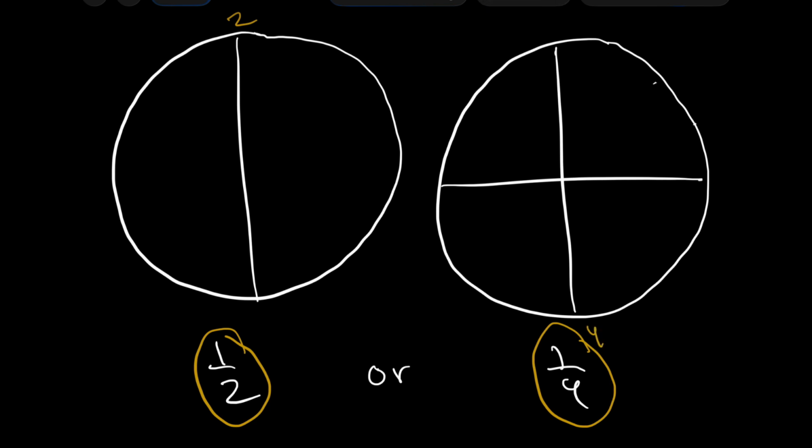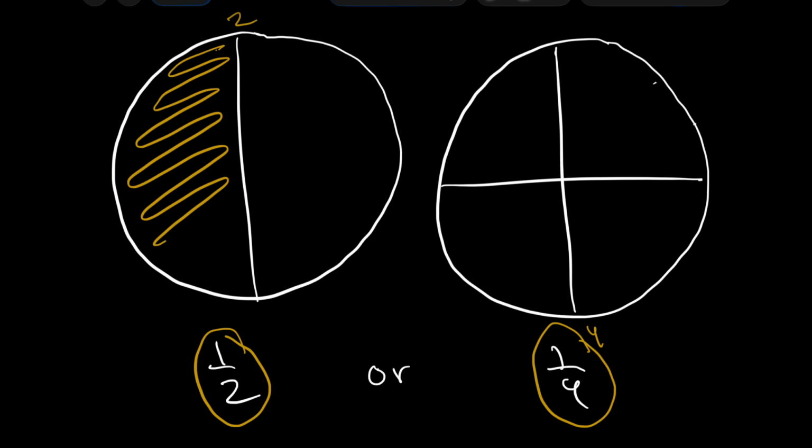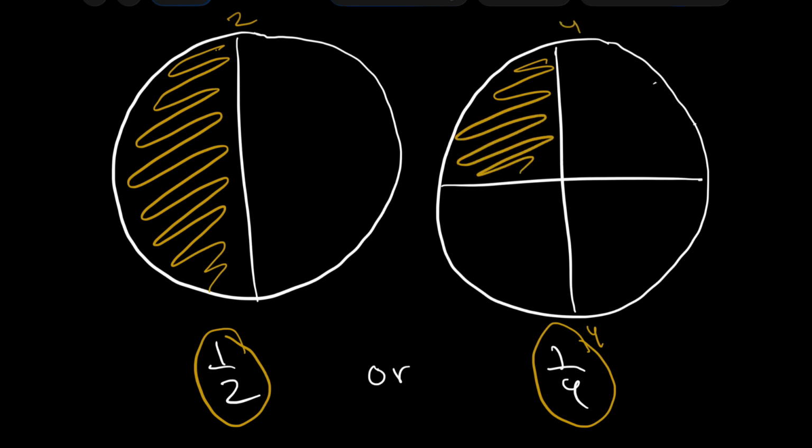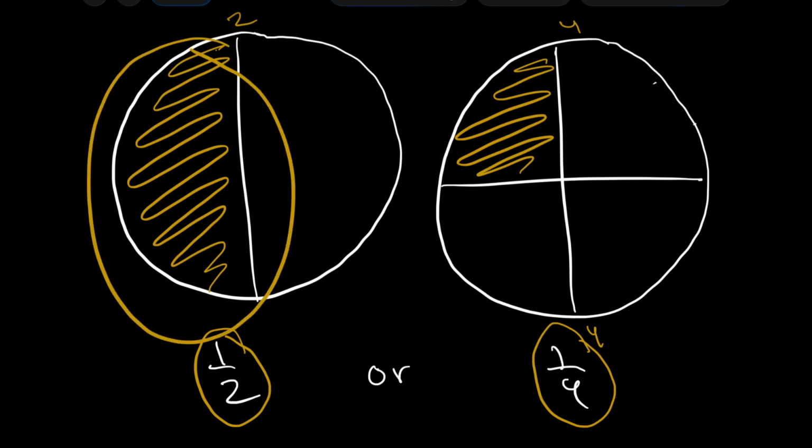So for the first pie, the fraction 1 over 2 implies that we ate one slice of the 2 slices in the pie. And in the second pie, the 1 over 4 implies that we ate one slice out of the 4 slices. So which piece do you think is bigger? This one or this one?